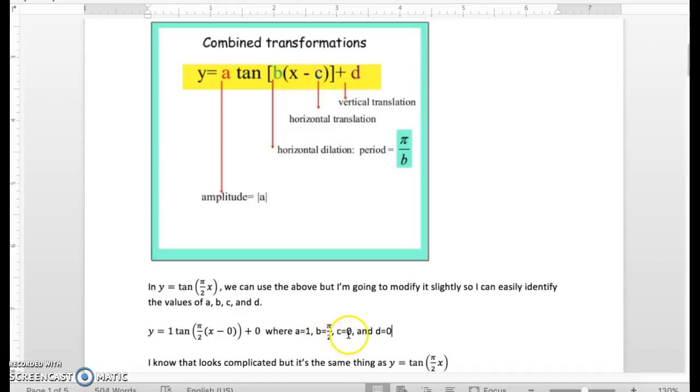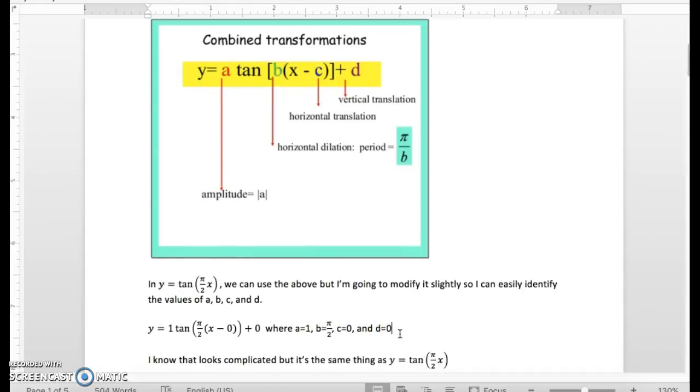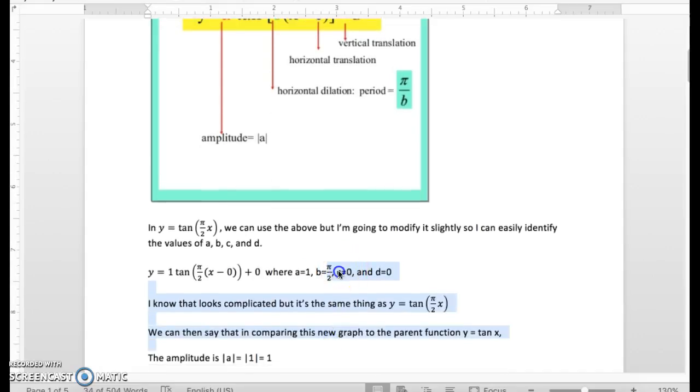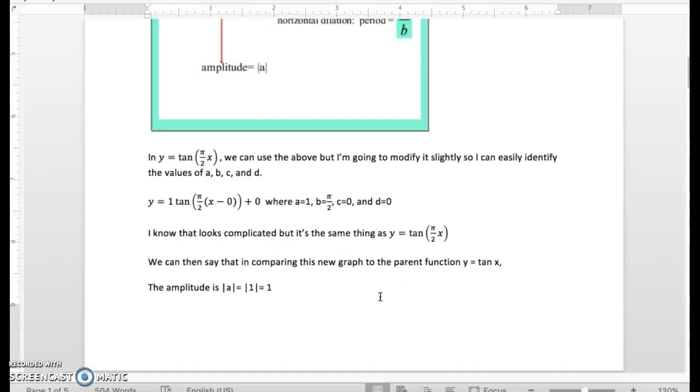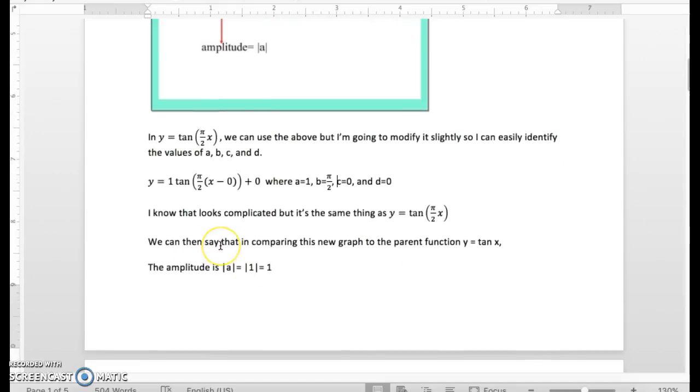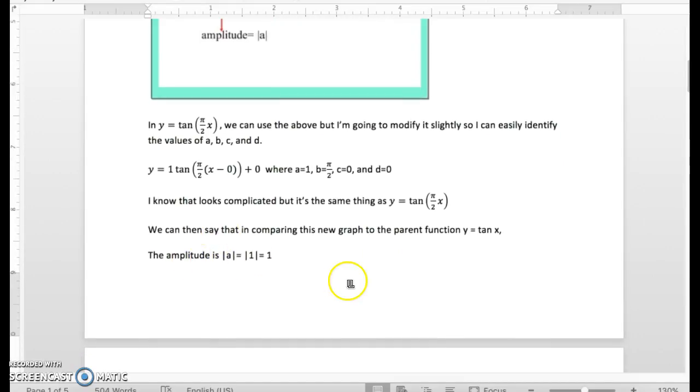So here we are. I have that now summarized. And to find the period, we have to do pi over b. Well, b in our example is pi over 2. So we'll get to that here in a second. But then comparing this to the new graph, the amplitude is a. We said a is 1.